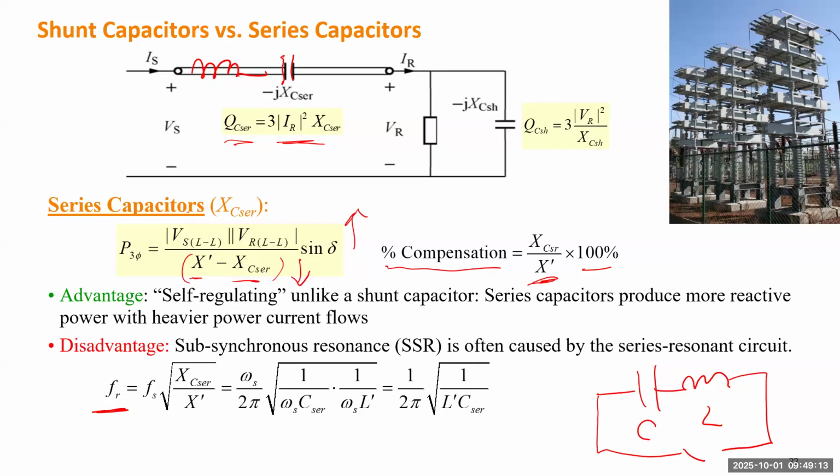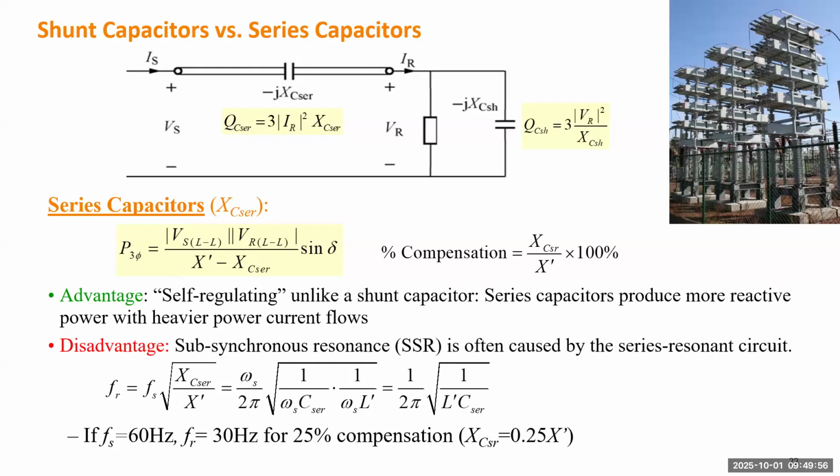That resonating frequency can be calculated by this formula, where the resonance frequency is defined to be 1 over 2 pi multiplied by the square root of 1 over the product of L and C. Then if you add the synchronous frequency, which is 60 hertz here, you can get this formula. So that tells you what the resonant frequency is.